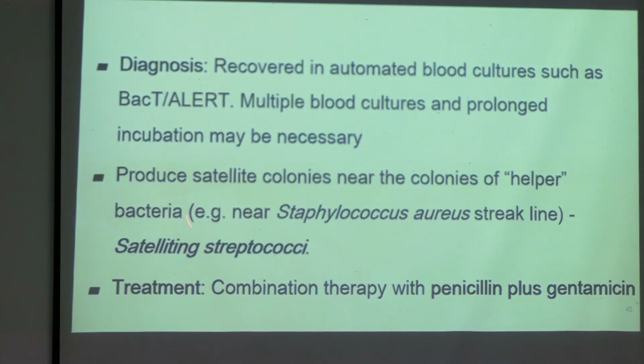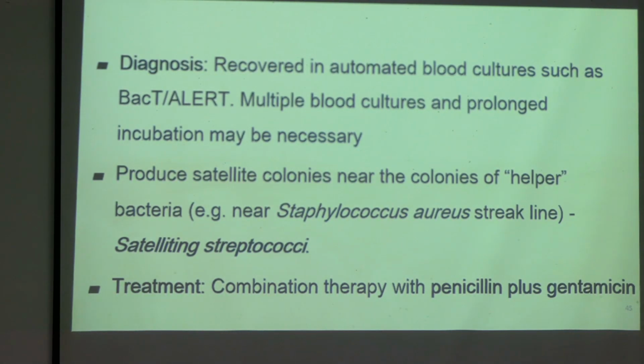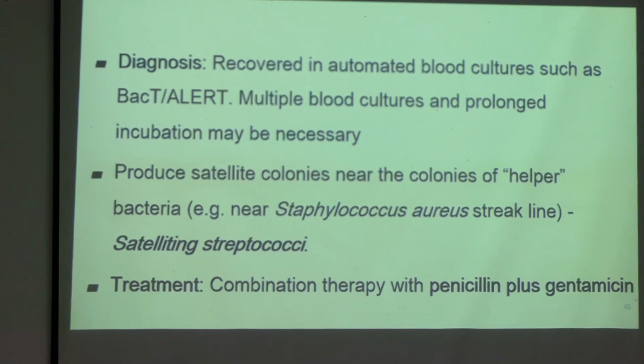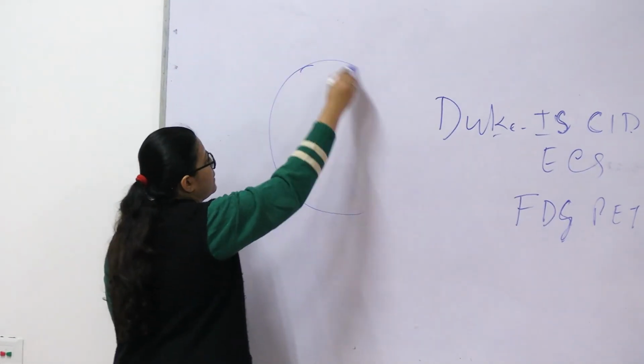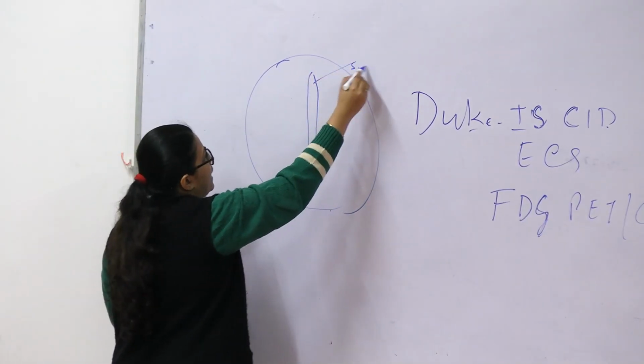One special characteristic they form is known as satellitism. What is satellitism? If you grow them in the presence of a nutritionally rich organism, those colonies near that organism will be larger. Suppose you have grown this in a culture and you have a streak of Staph aureus.